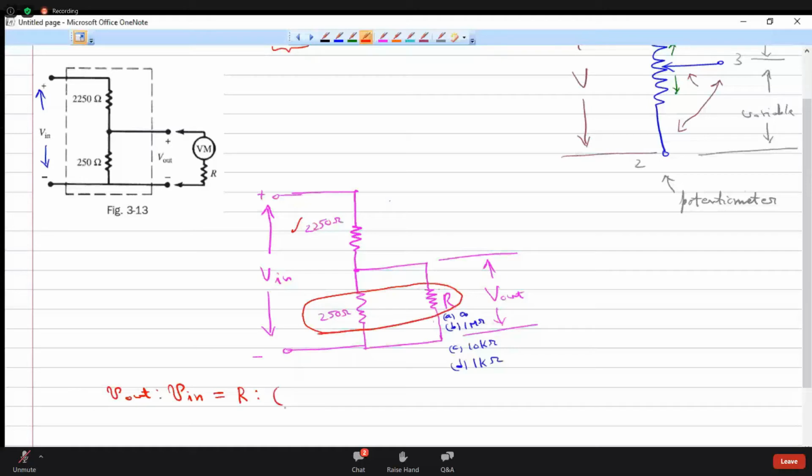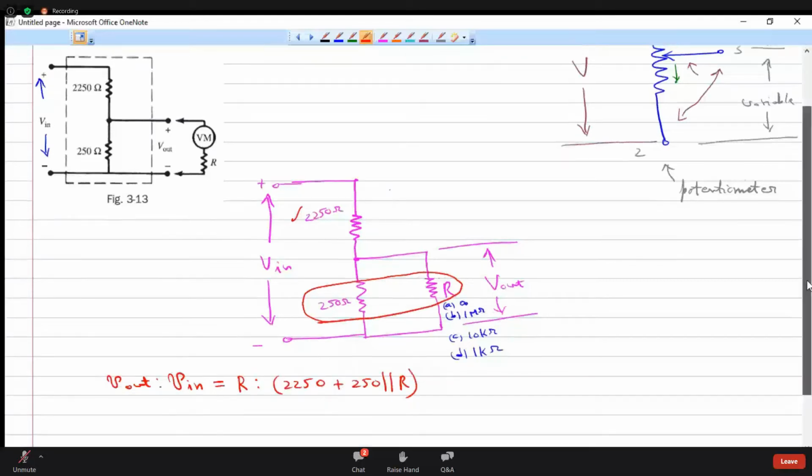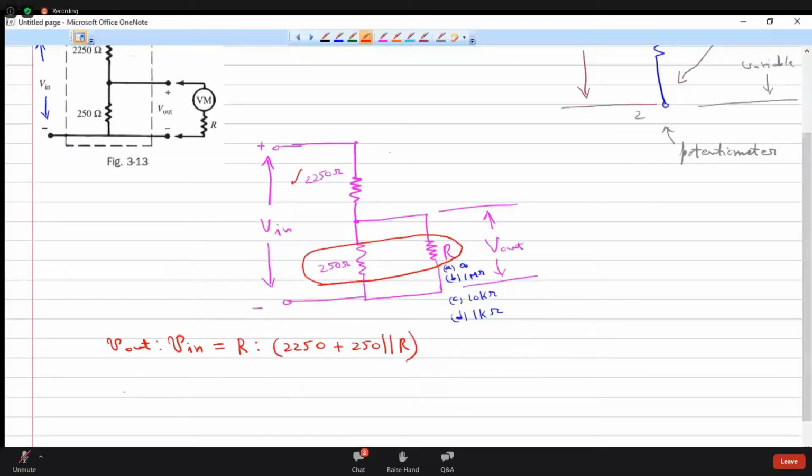So 2250 plus 250 parallel R. We are asked what is V out is to V in. V out by V in is being asked. So that is nothing but R upon 2250 plus 250 parallel R.